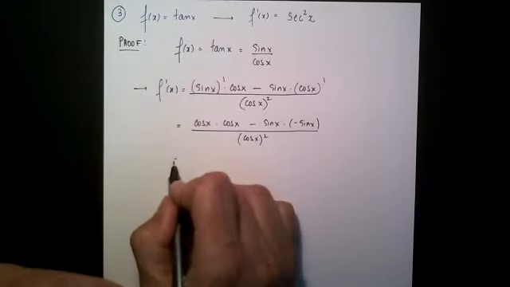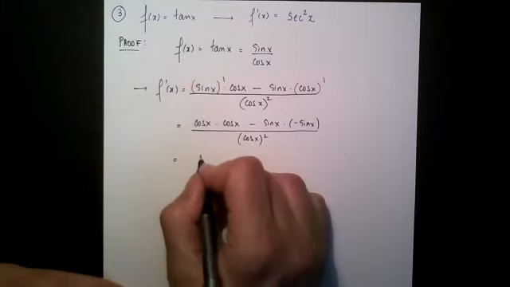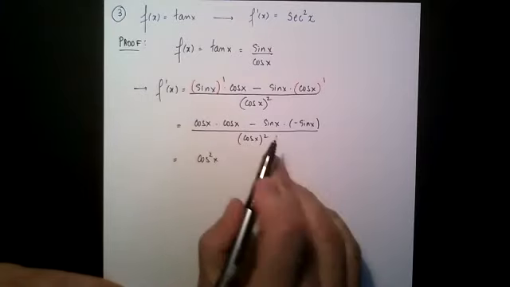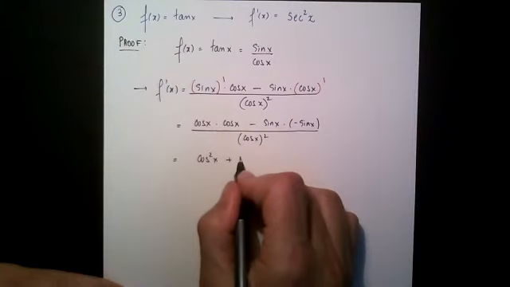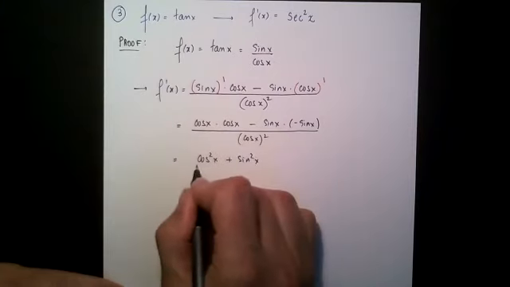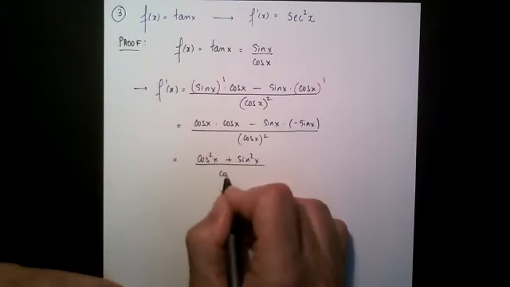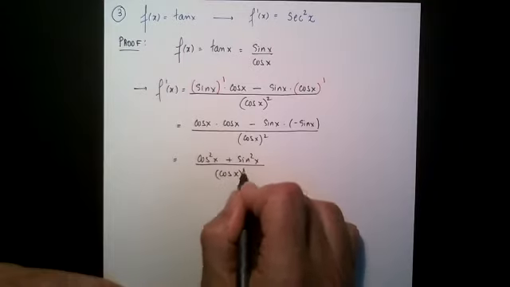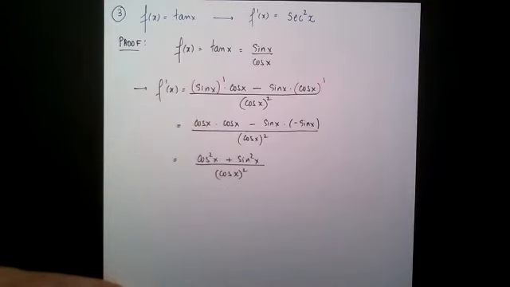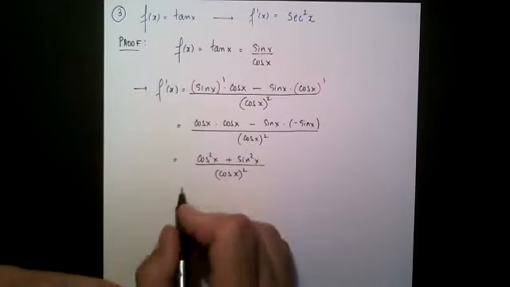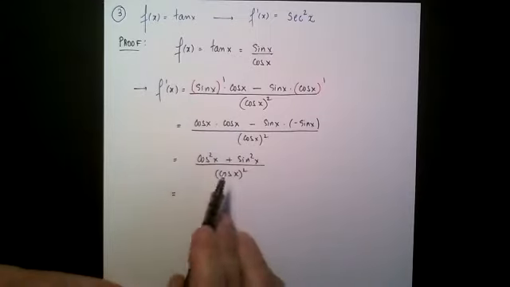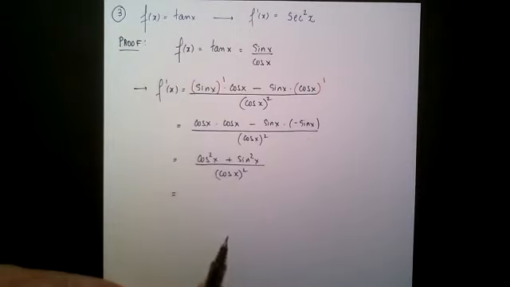So what do we have on top now? Cos squared plus sine squared, over cosine x squared. Cos squared plus sine squared is what? 1.